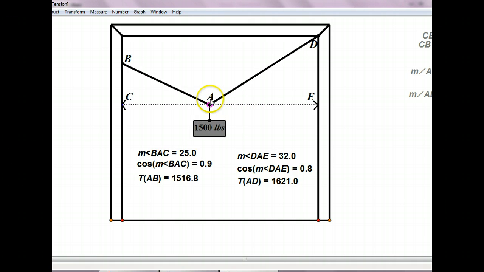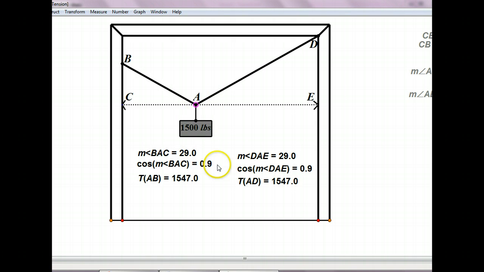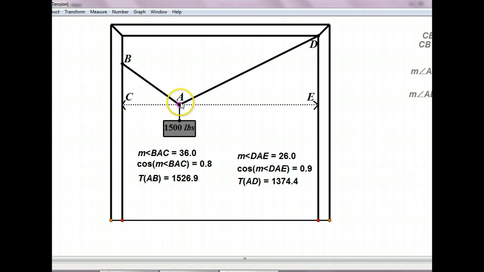Now if we move back over this way, remember all these numbers are rounded, so if it says 1, it's almost 1. All right, so here, to the left, we have an angle on the left side that's 40, and on this side my angle is 25.